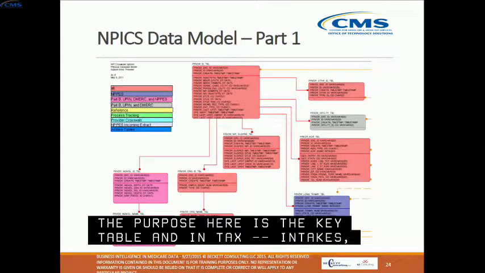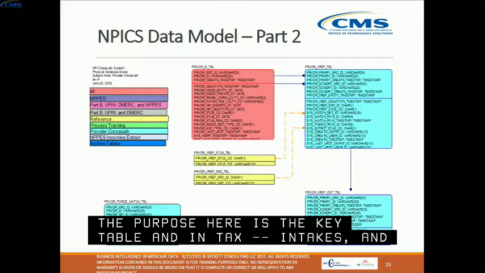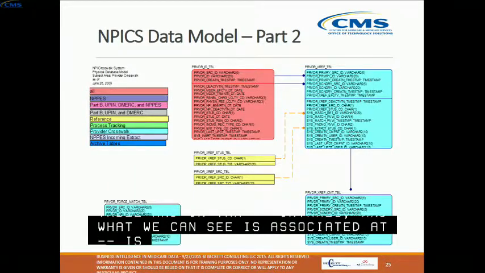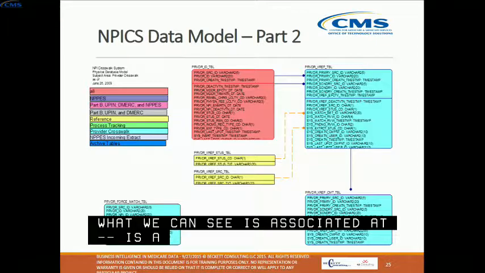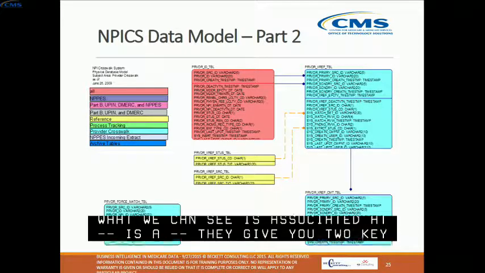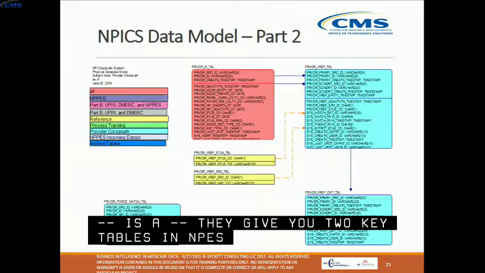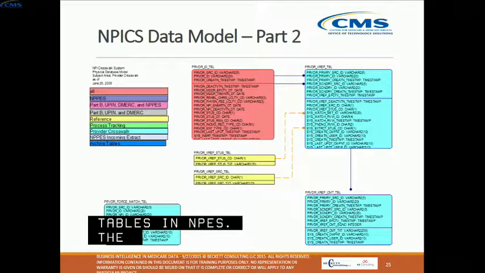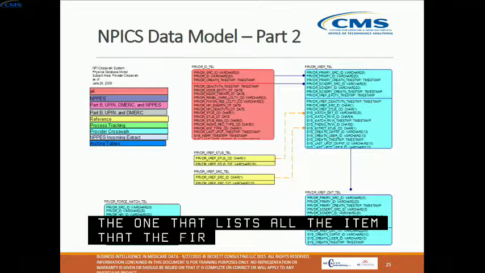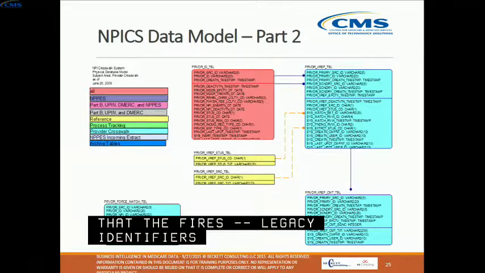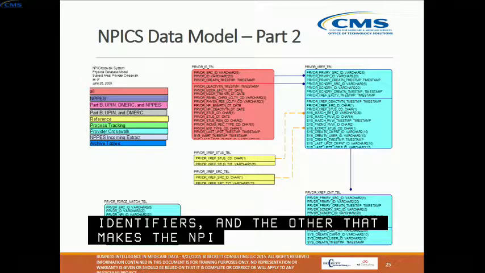The next slide gives you the two key tables in NPICS. The provider identifier table, which lists all these legacy identifiers. And then the one on the right is the XREF, the crosswalk table, that links the NPI to each of these legacy identifiers. So we'll unpack that for you further in a future session.